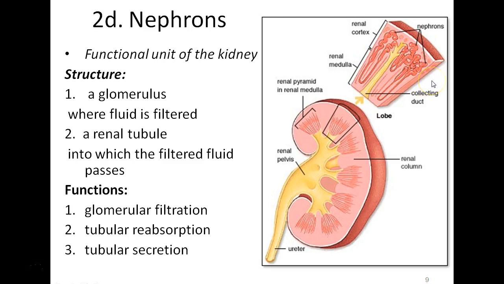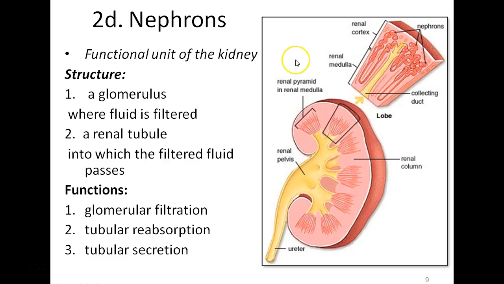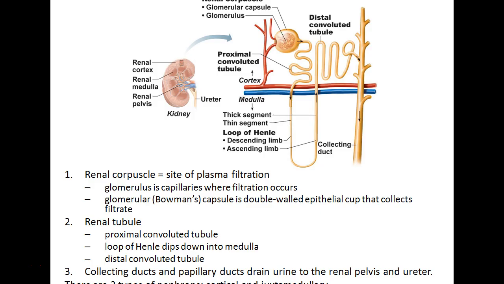In this nephron is a structure called the glomerulus. That's where fluid is going to be filtered. Here's a quick look at the glomerulus. And we also have a renal tubule into which the filtered fluid passes. There we go, a big picture of that.